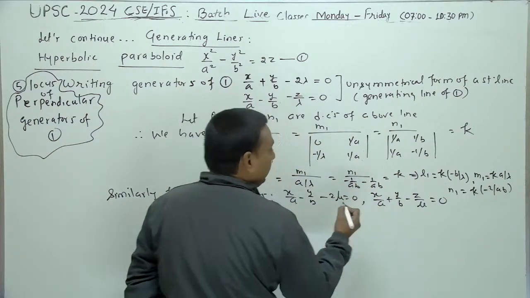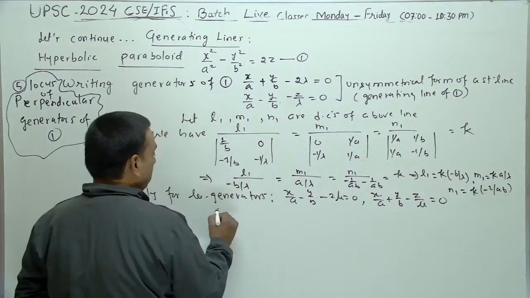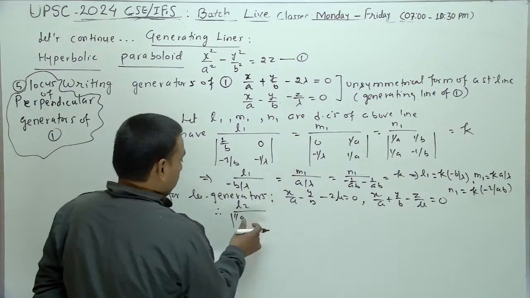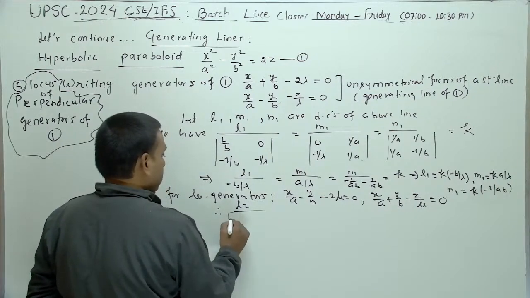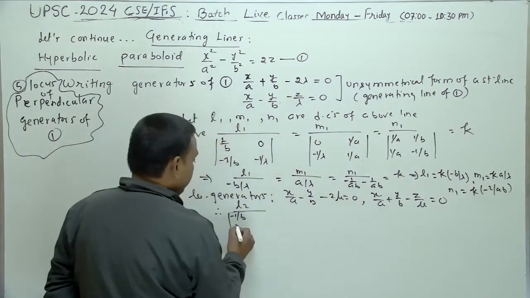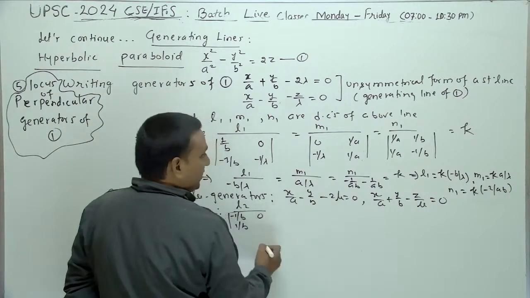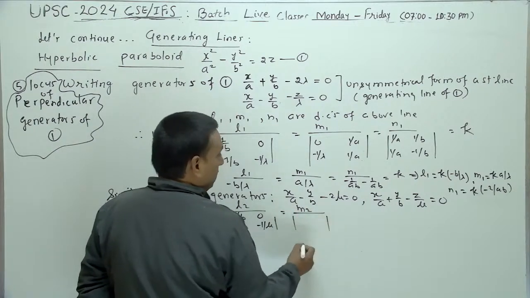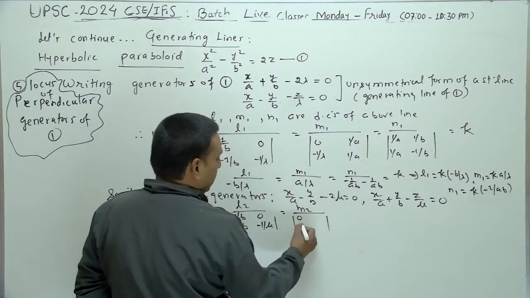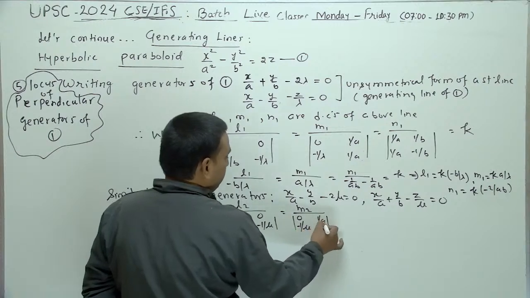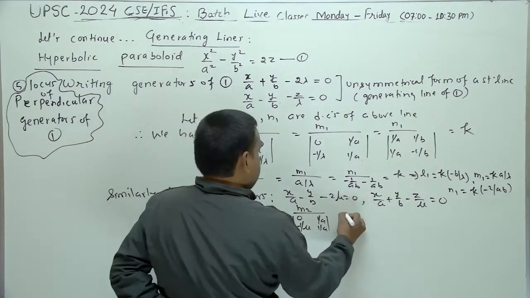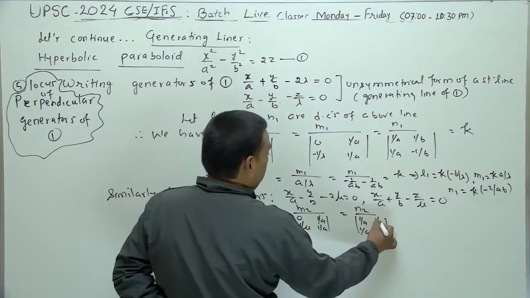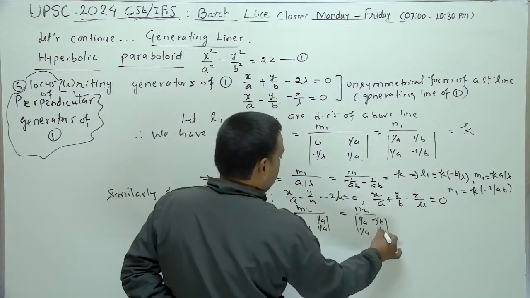So for this, if we take L2 M2 N2, so L2 upon 1 upon minus 1, sorry, minus 1 upon b, here y का coefficient 1 upon b, z का coefficient 0, z का coefficient minus 1 upon b, M2 upon z का coefficient 0, z का coefficient minus 1 upon mu, here it is 1 upon a, 1 upon a, equals N2 upon 1 upon a, 1 upon a, 1 upon b, यहाँ पे minus 1 upon b, 1 upon b.